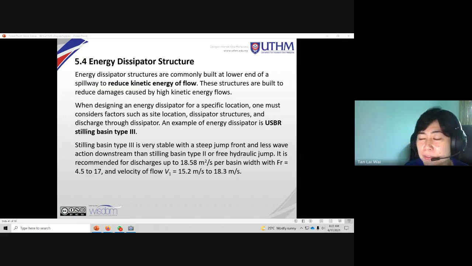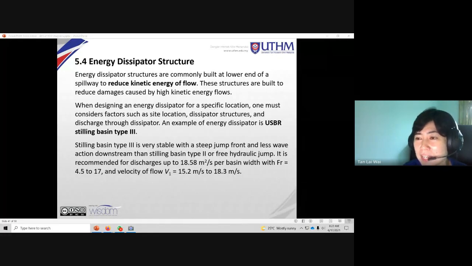If you Google USBR, you should be able to find the full name and look up the agency profile. It's more on land reclamation and things like that, including construction of dams, reservoirs, and a lot more functions.